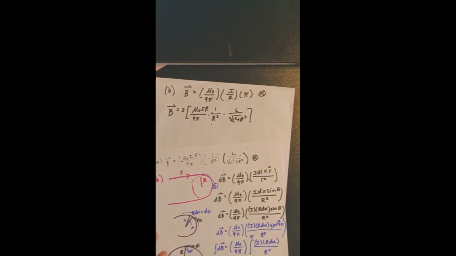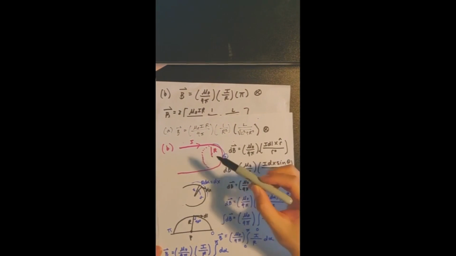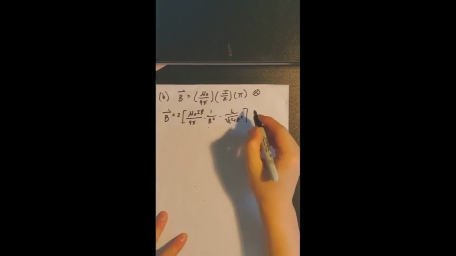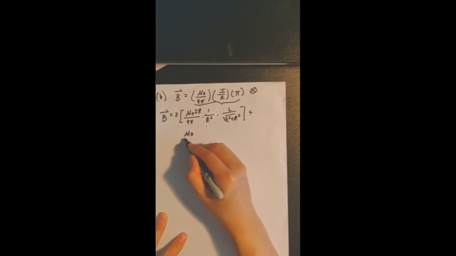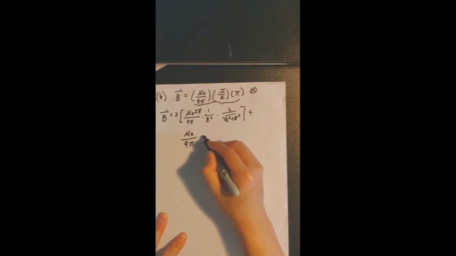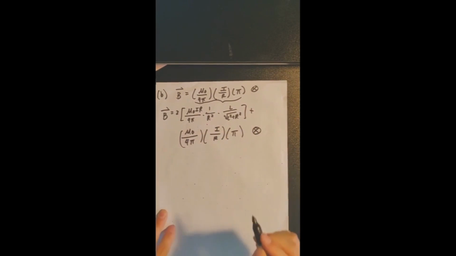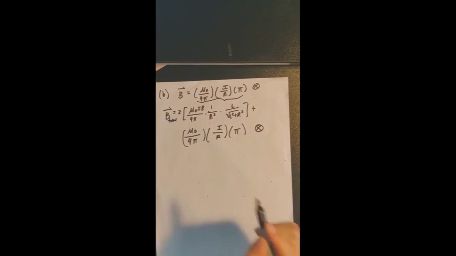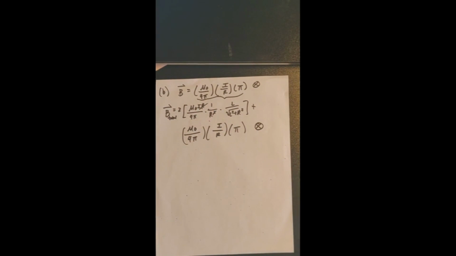And it's times 2 because we have both of these wires right here contributing to the magnetic field at this point. So 1 and 2, so times 2. Plus the magnetic field coming from the circle, which is this right here: mu naught over 4 pi times I over r times pi, and into the board. And that's our answer for part B. Because B total, you can simplify this if you want to. This cancels out and this cancels out.